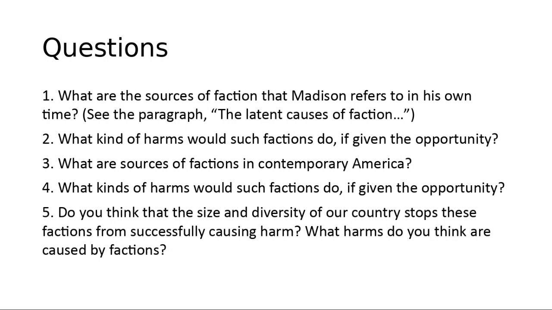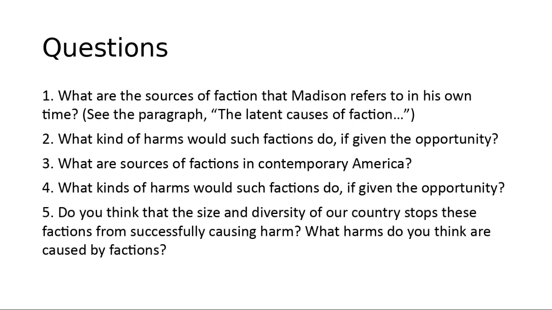Now I want you to bring that forward into our own times. What are the sources of faction in contemporary America? They might be largely the same as the ones that Madison listed. There might be different or new ones. But I want you to think about that. Don't just think superficially about, well, there's this group, that group, and so forth. But what are the sources of those factions? Is it their different business interests, property right interests?